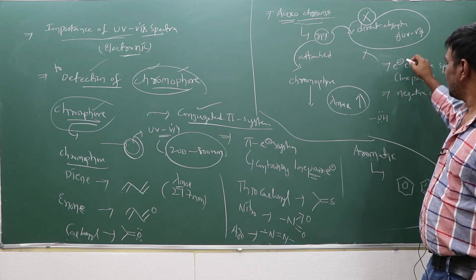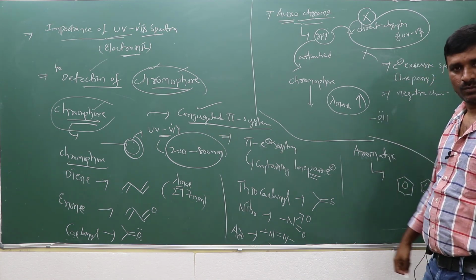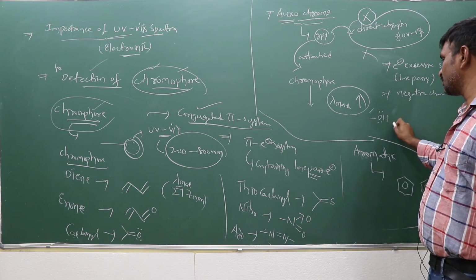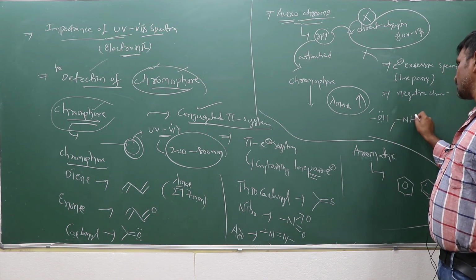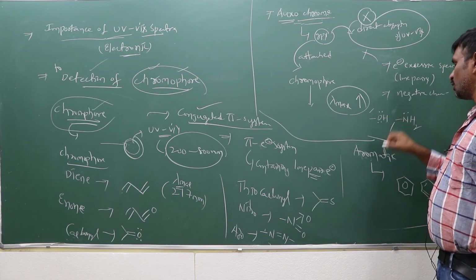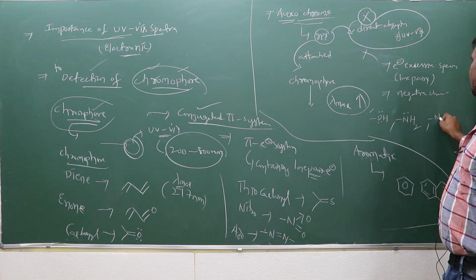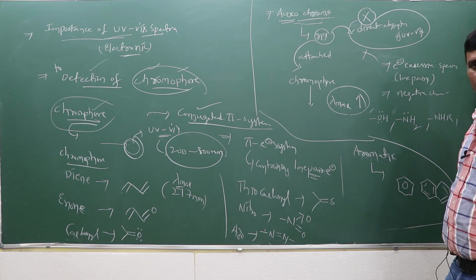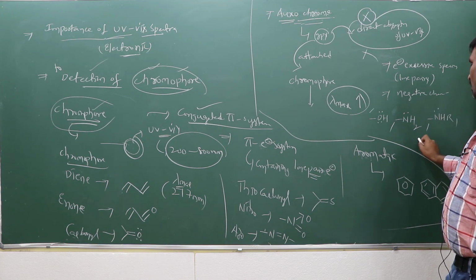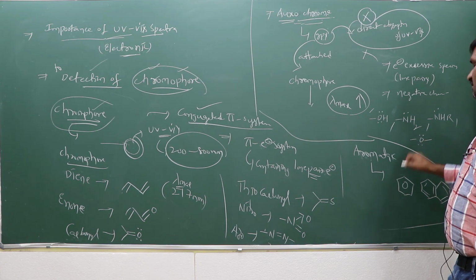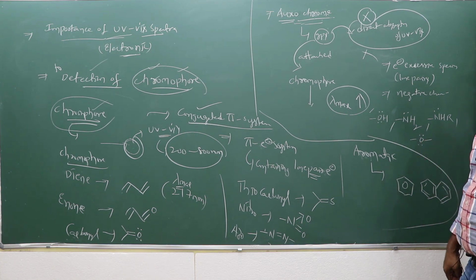Electron excessive groups, with more electrons, are auxochromic groups. Suppose NH2, lone pairs of electrons are there, it is an auxochromic group. Or NHR is an auxochromic group. Or OR is an auxochromic group. Right?